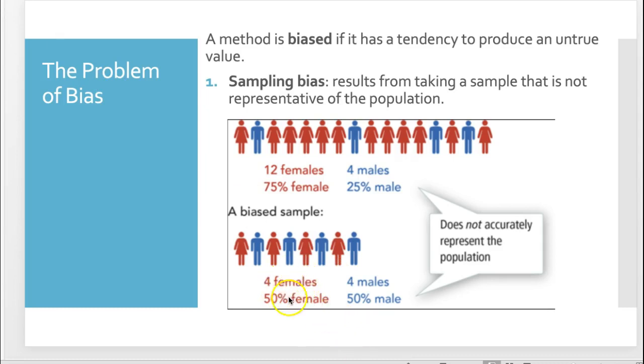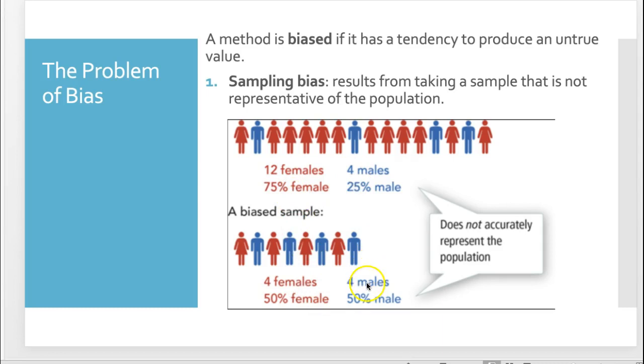Here in our sample we have 50% female and 50% male, whereas the population had 75% female. These percentages don't have to match perfectly. We don't want to force that, because forcing it could create a sampling bias, but something like this is pretty far off.